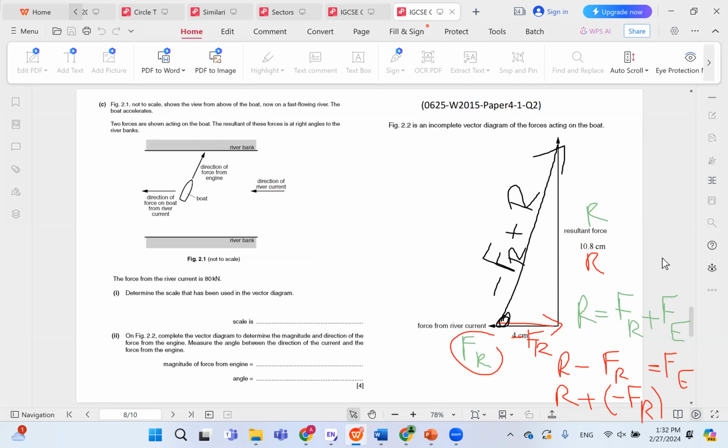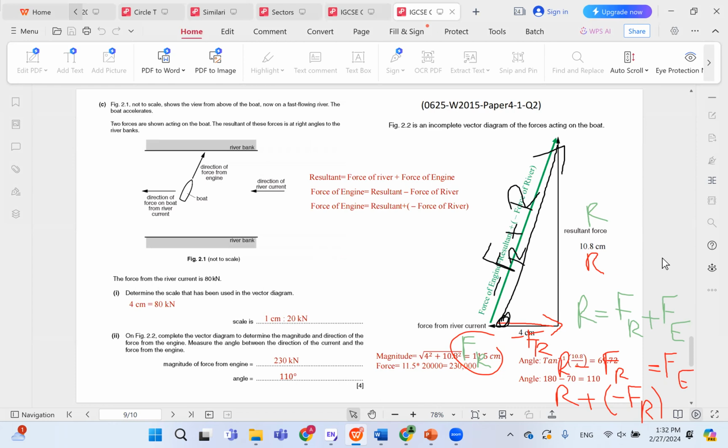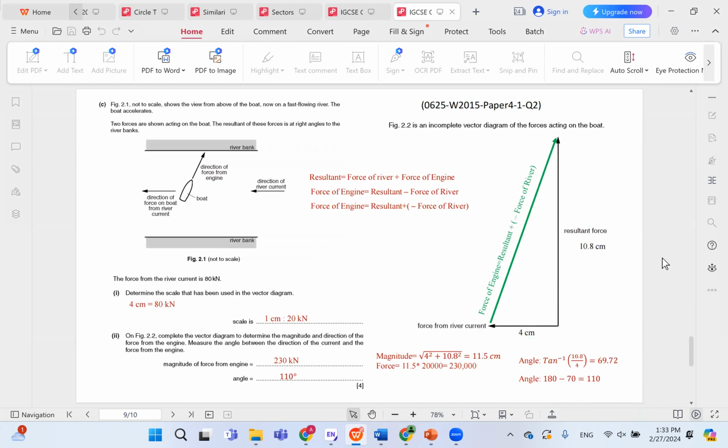Now, in order to get the magnitude and the direction, we can either measure by the ruler or use trigonometry. I've used trigonometry here to get the precise answers. So the magnitude would simply be the Pythagorean of these two quantities, and that gives us around 11.5 centimeters. And the angle would be tan inverse opposite over adjacent, and that gives us 69.72.